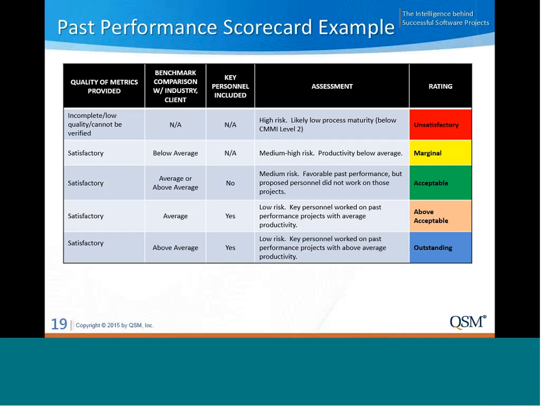So in those cases, if their productivity is average and you're getting key personnel on those projects, you might rate them above acceptable. And if their productivity is above average and you're getting some of the same people, then you might rate them outstanding. So this is one way to more objectively assess past performance.